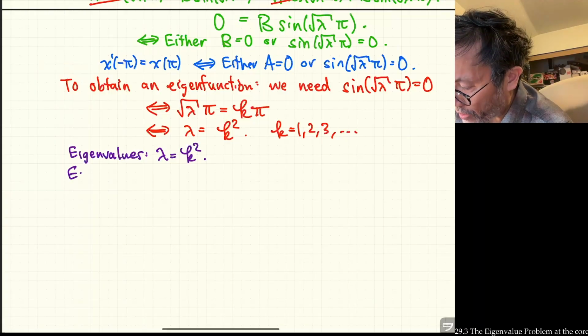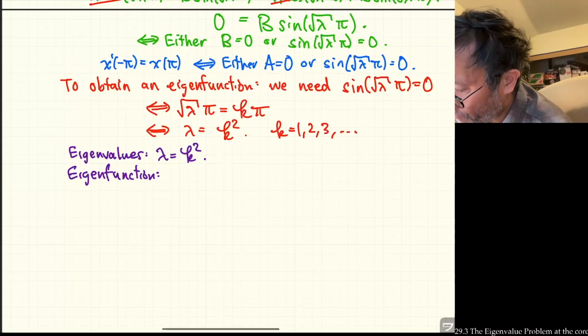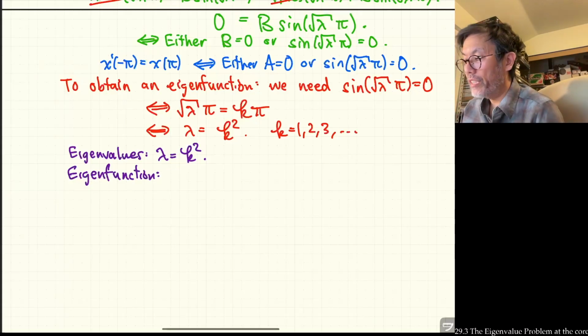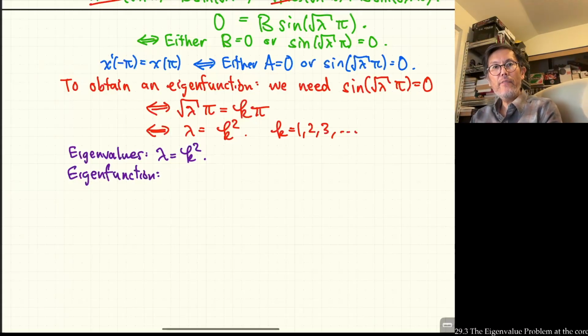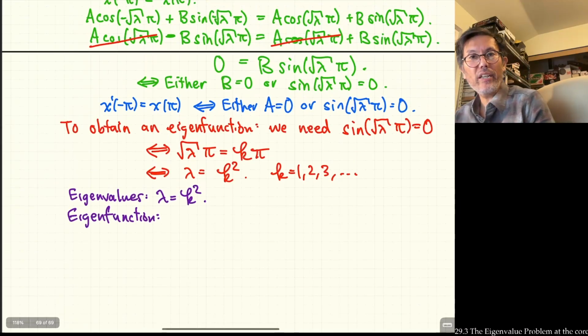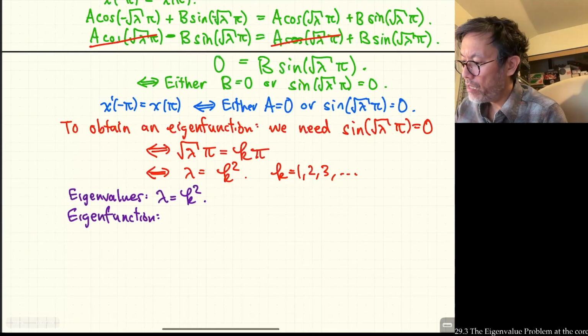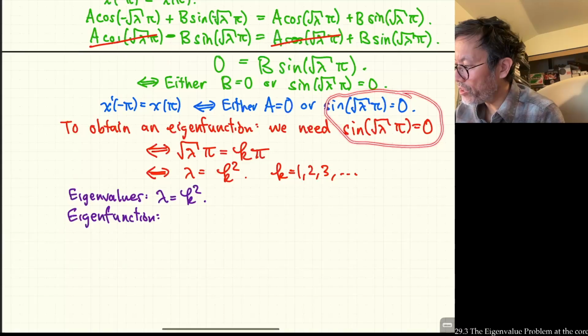And the eigenfunction associated with this is, well, let's just think. If lambda is equal to k squared, then these two conditions are automatically satisfied, okay?